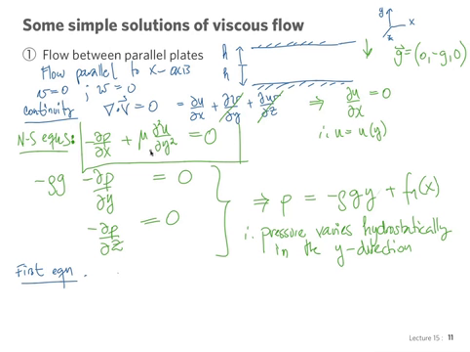And u is only a function of y, so there's no need to write partials anymore. It's an ordinary differential equation where the second order derivative of u with respect to y is equal to, I'm going to move this to the other side and divide by mu, 1 over mu dp dx.